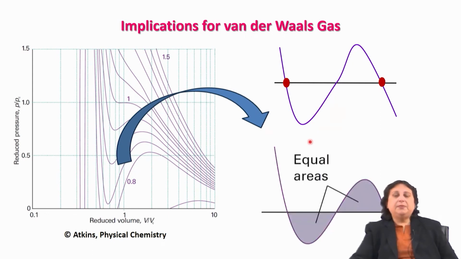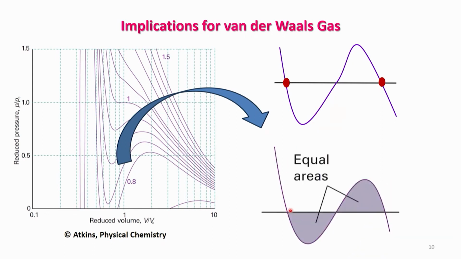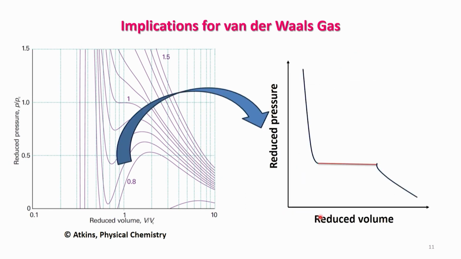As suggested by Maxwell, you choose these points in such a way that there is an equal area in the negative portion and the positive portion, below and above the straight line, so that the error is cancelled out. And therefore, with this correction, this is how the prediction of an isotherm from a van der Waals gas would look like.